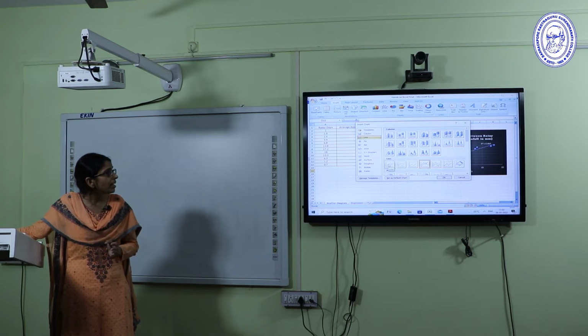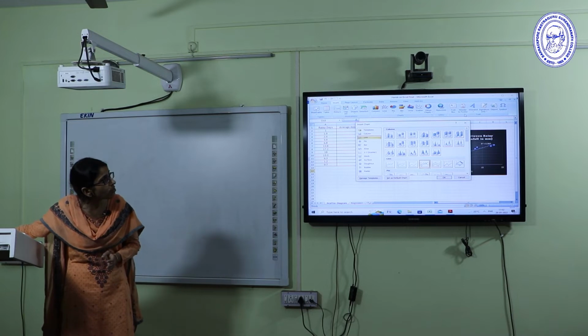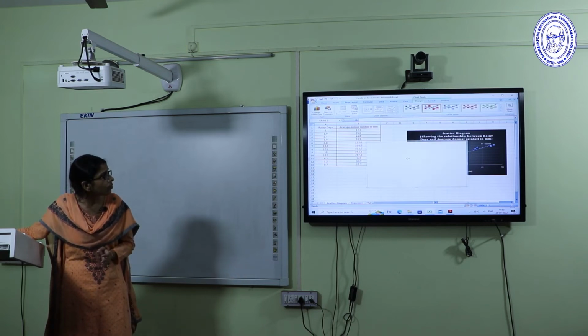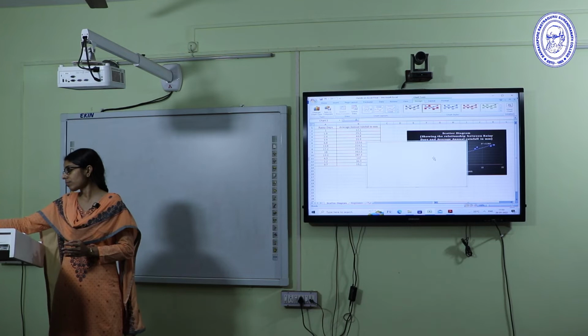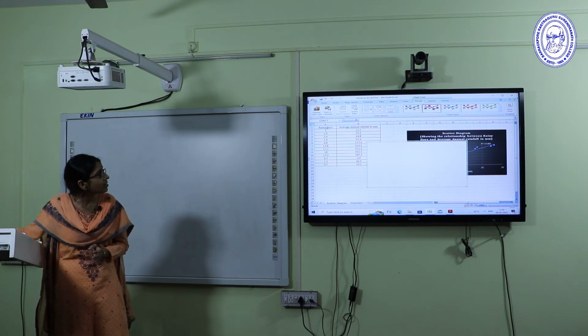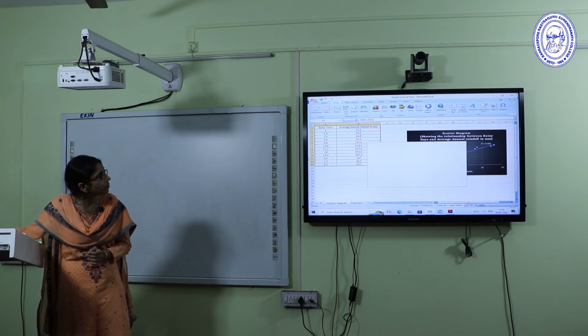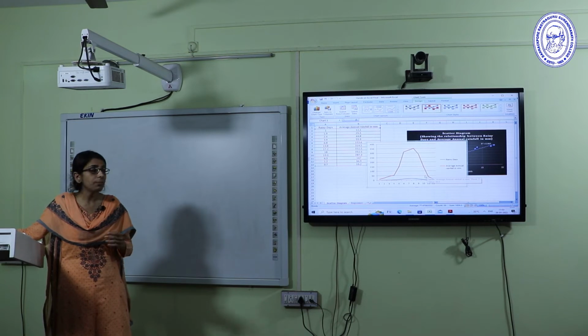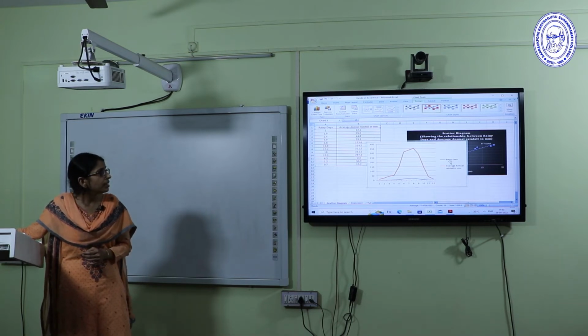We can select any kind of line graph. But before selecting that, first of all, we select our data set, then we go through Insert, then Line, then we select our line option, and then this kind of line graph will be presented. Here are your rainy days and here is your average annual rainfall.